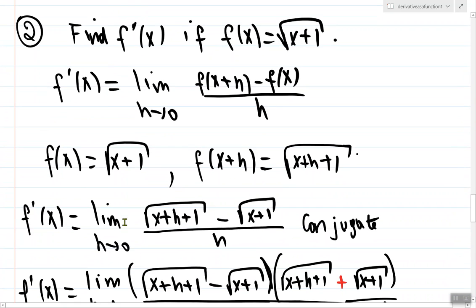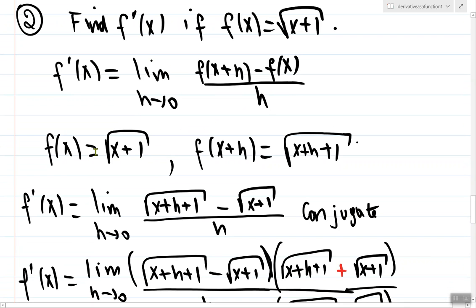So the second example is about, again, here they give us a function f(x), which is the square root of x + 1. They want us to find its derivative. Again, this is the formula of the derivative as a function formula. So we are given f(x). Now we need to find f(x + h). So what we do is we go to f(x) and then replace x by x + h.